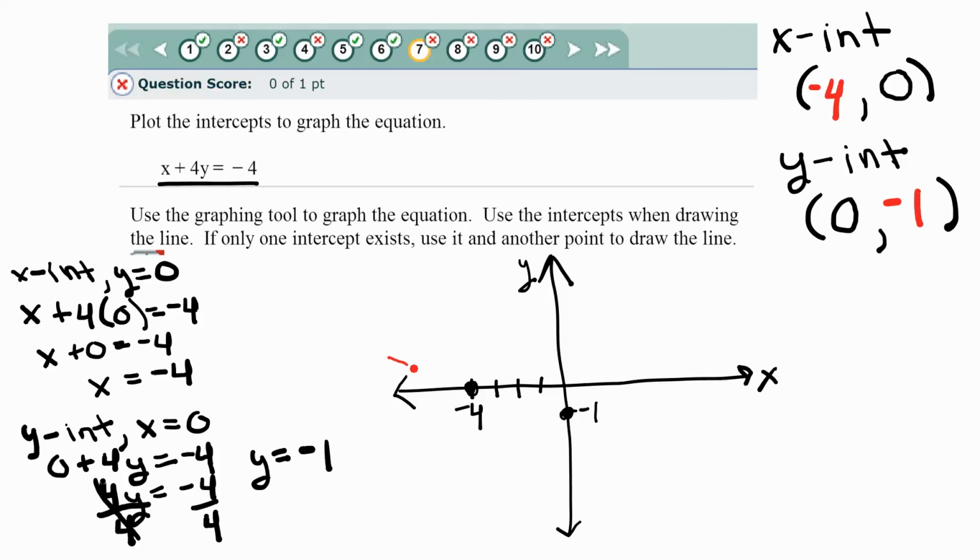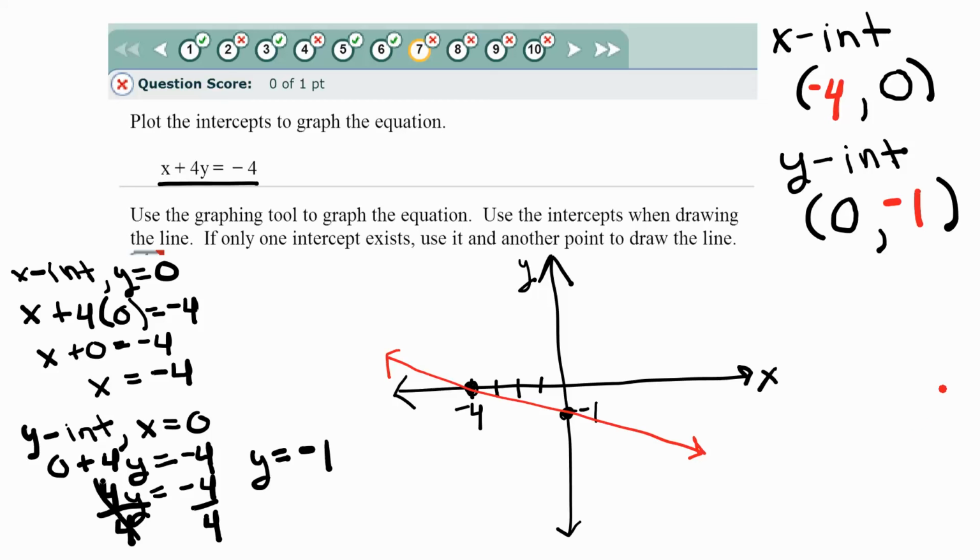Again, this is going to be very rough and not very straight, but normally a linear equation should be nice and straight. So this would be the graph of the equation x plus 4y equals -4. We were able to graph that by finding the points where it intersects the x and y axes, which are called the x and y intercepts.